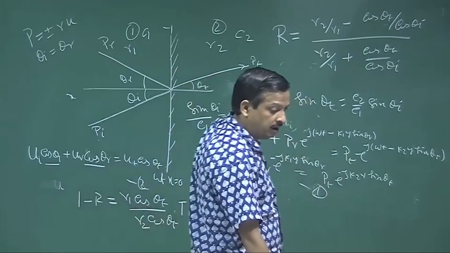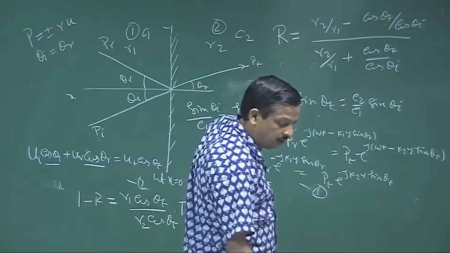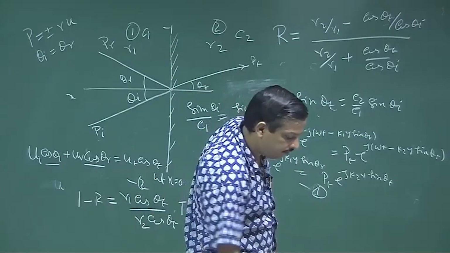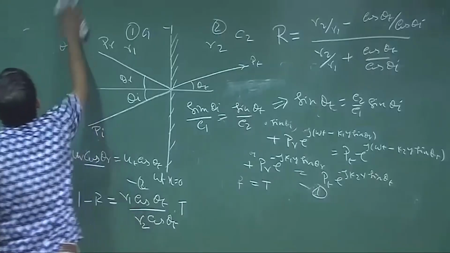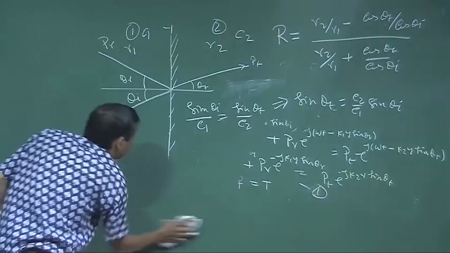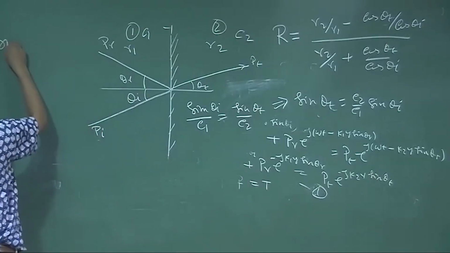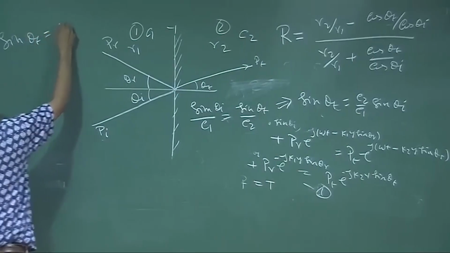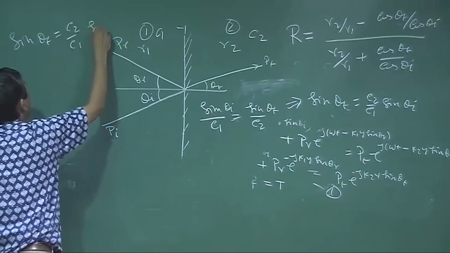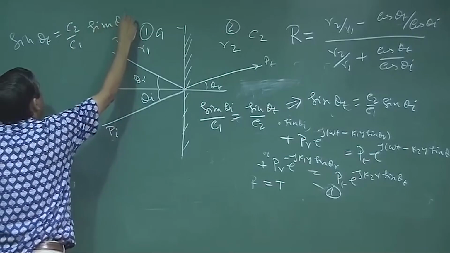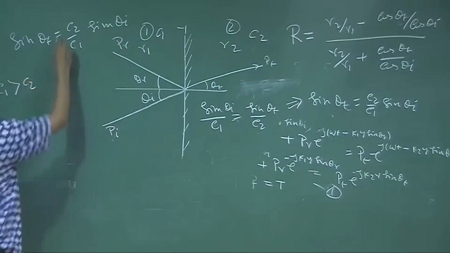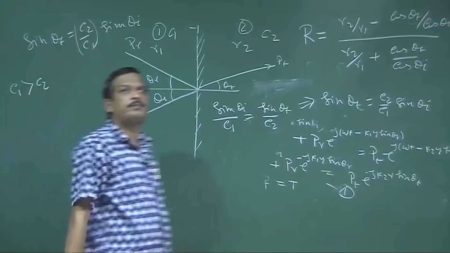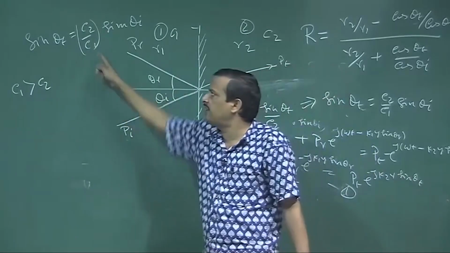Now come to the situations. Let us go to some situations. I said sin theta t, the angle of transmission, is c2 by c1 into sin theta I. Now if c1 is greater than c2, then this ratio c2 by c1 will be less than 1.